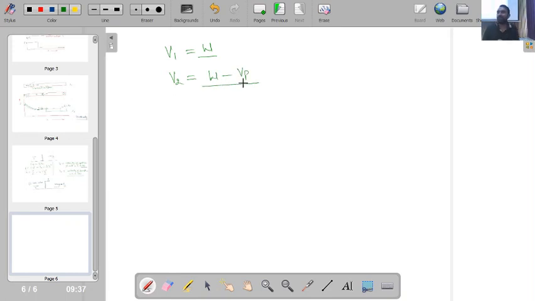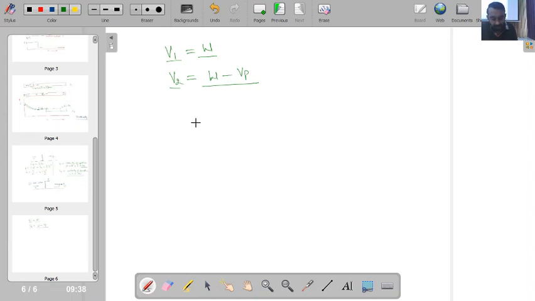So once I place the observer on the shock wave, I find that V1 is equal to W and V2 is equal to W minus Vp. This gives an interesting finding: we were able to relate our V1 and V2 to the stationary shock wave case. So now I can write down the continuity, momentum and energy equations.